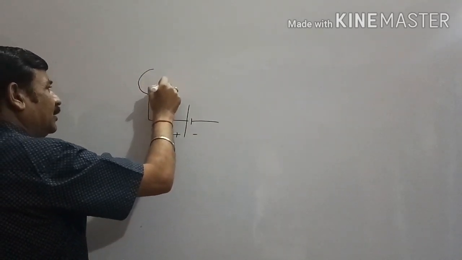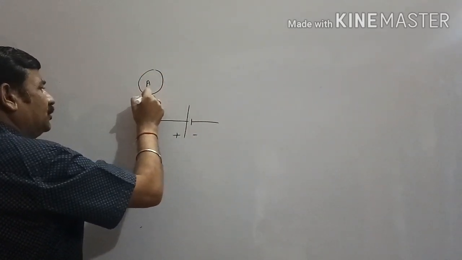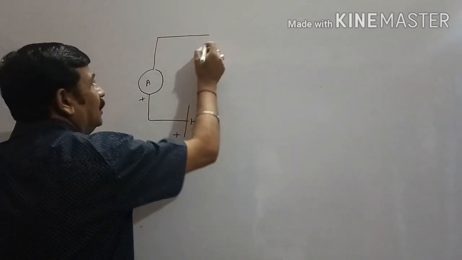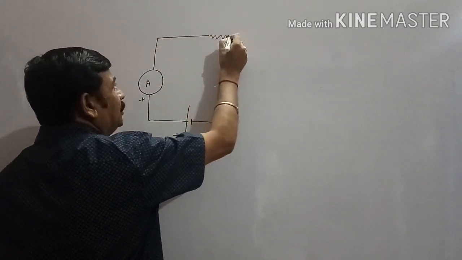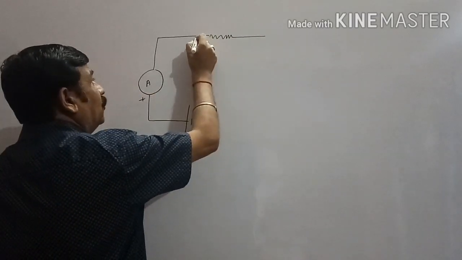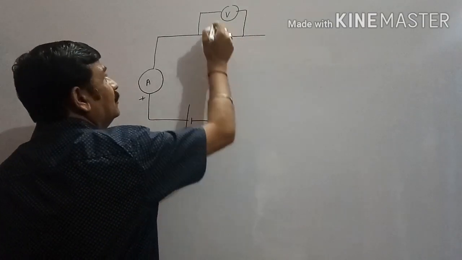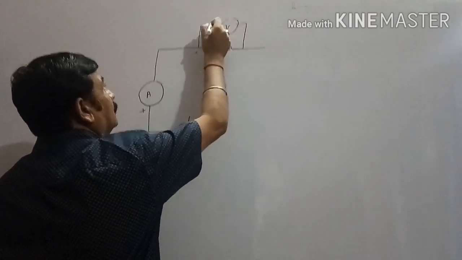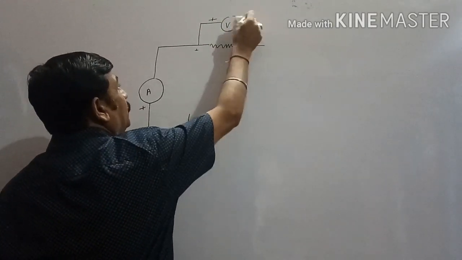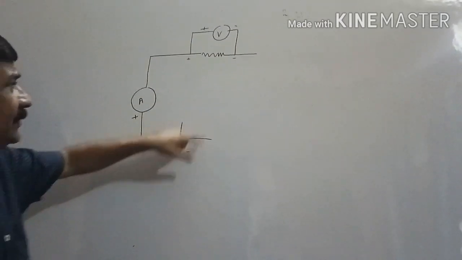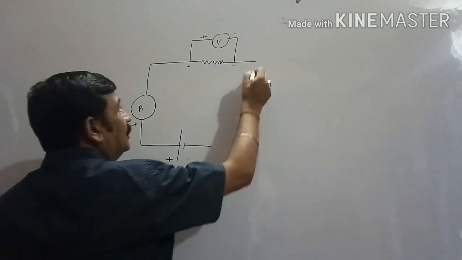With the positive terminal of the cell, we connect the positive terminal of the ammeter in series. Here we have used a resistor. Across this resistor, in parallel, we connect the voltmeter, because voltmeter is connected in parallel. So positive should be connected with positive, negative should be connected with negative.